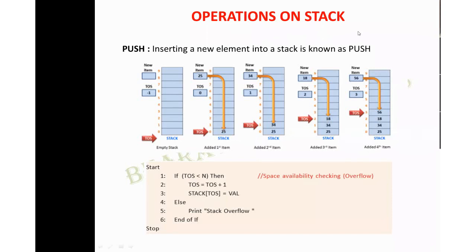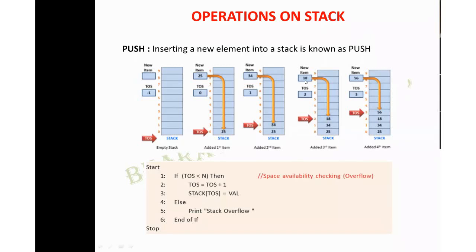The first one is the empty stack. We have set the top of stack to -1. Can you see? We have set the top of stack to -1. Then new item is the variable through which we are going to insert the values.